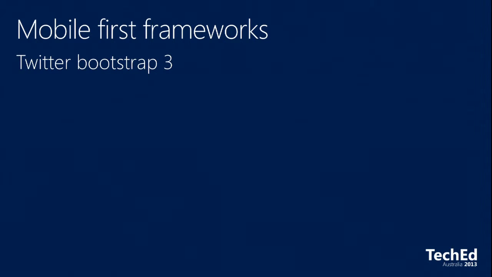Twitter Bootstrap 3 is considered a mobile first framework. What they've essentially done is merge the responsive.css into the main CSS, so now you can build those mobile views first and expand up. And one of the other quite popular ones is Zurb. Is it Zurb Foundation?